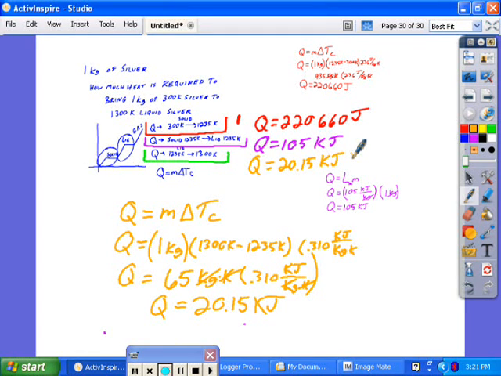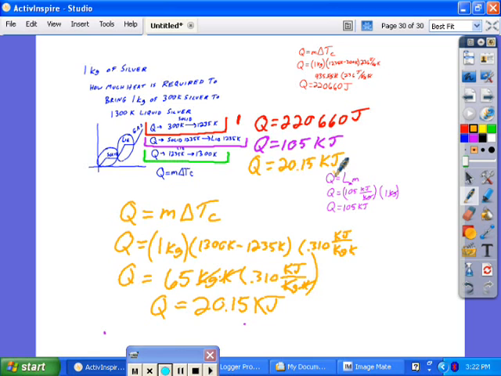So what I wanted to know is how much heat is required to bring 1 kilogram of 300 Kelvin silver to 1300 Kelvin liquid silver. Well, Q, it took this much heat to go from cold solid to hot solid. It took this much heat to go from hot solid to hot liquid. It takes this much heat to go from cold liquid, in essence, to hot liquid.